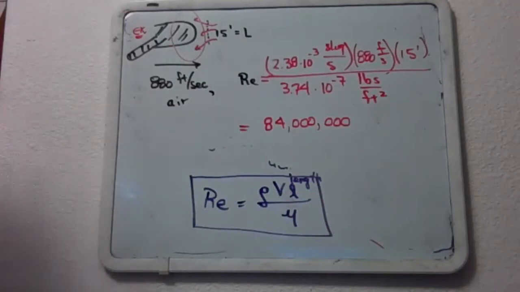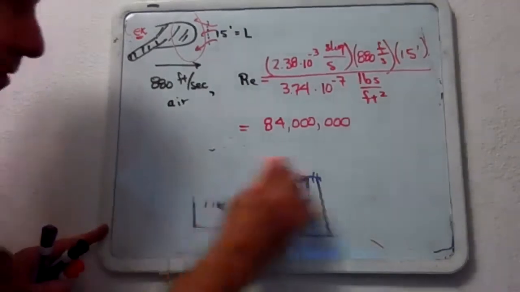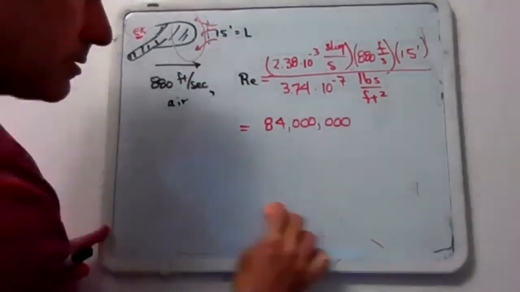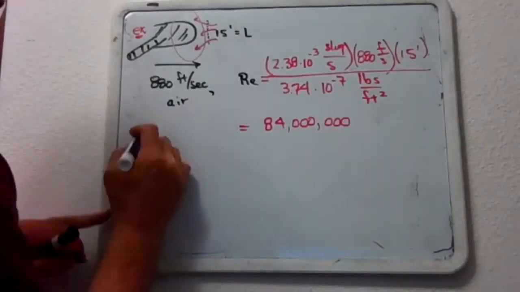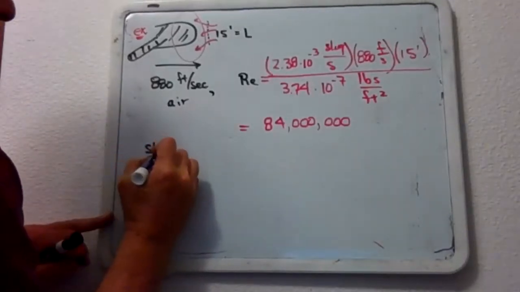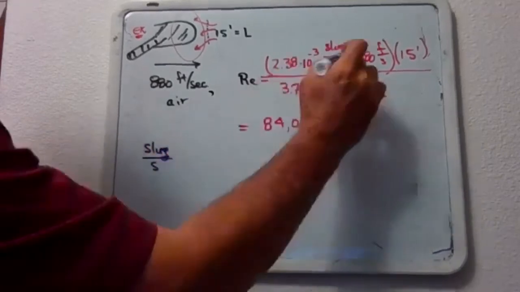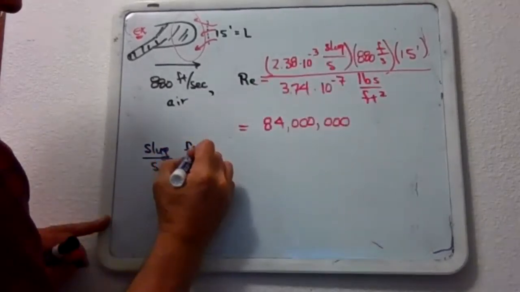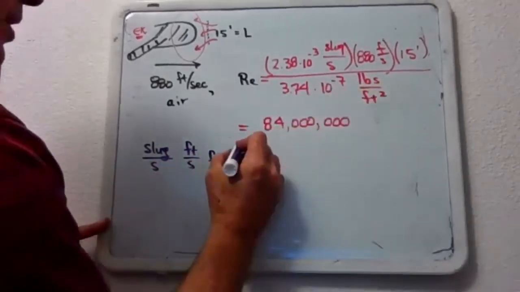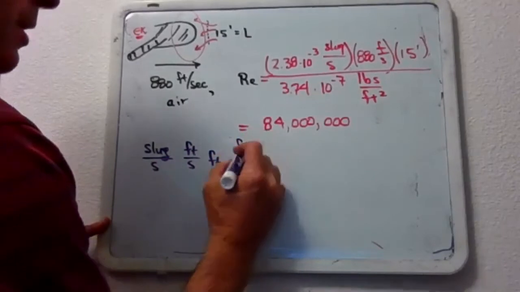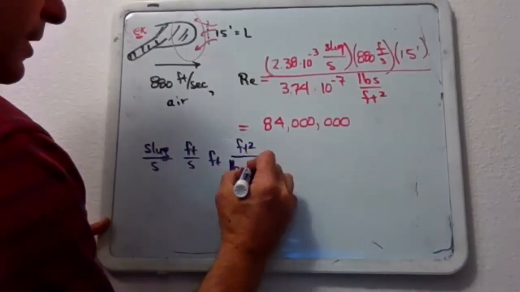Okay, second thing, how do the units work out? I'm going to do some work on the side to work out the units. I'm going to erase my formula. Slug per second, foot per second, foot, and then I'm going to invert the denominator, foot squared per pound second.